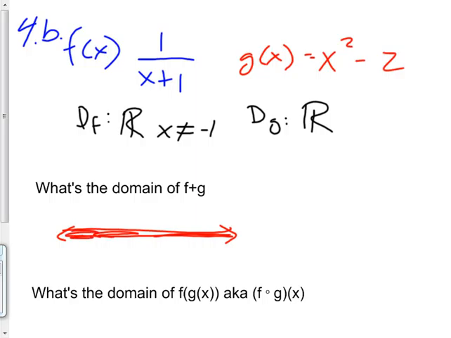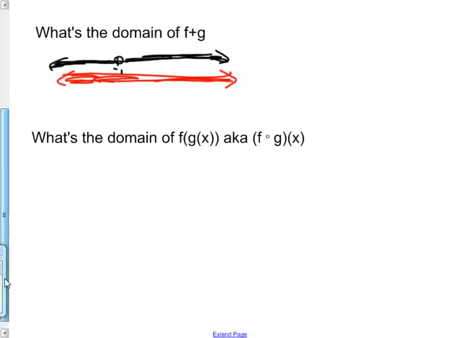Then the other graph is all real numbers except x cannot be negative 1, so here's negative 1, empty spot there, all the rest of it. Where do those overlap? Pretty much the black one is the one where they overlap. There's an empty spot at negative 1, so my final answer would be all real numbers except x cannot be negative 1. All right. What's the domain of f of g of x, also known as FOG of x?